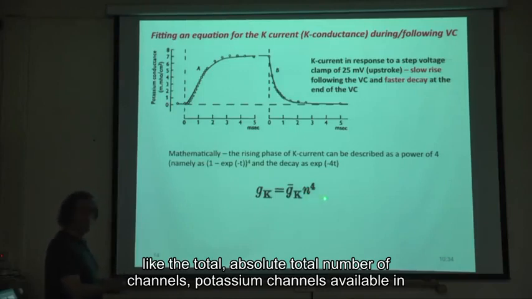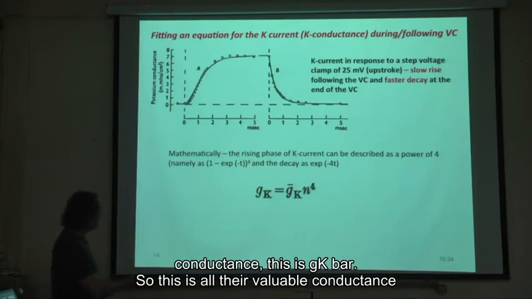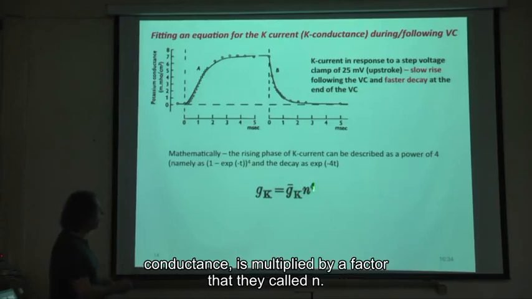So when N is 0, there is no potassium conductance. When N is equal to 1, the conductance of the potassium is maximal, because 1 to the power of 4 is 1. So if N is 1, you get all the conductance available of these potassium channels. And if N is between 0 and 1, you get less.